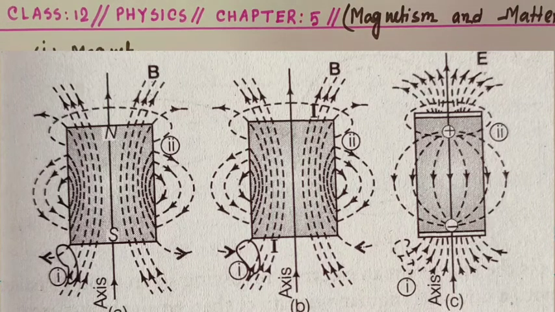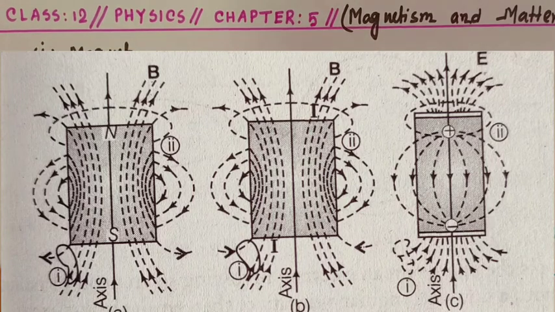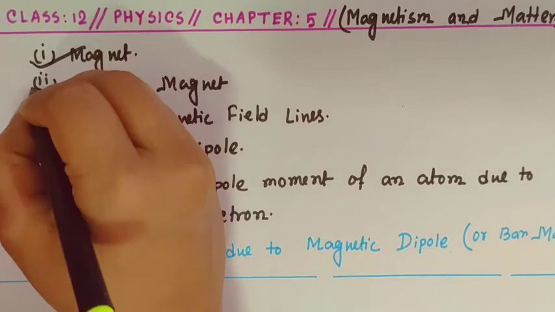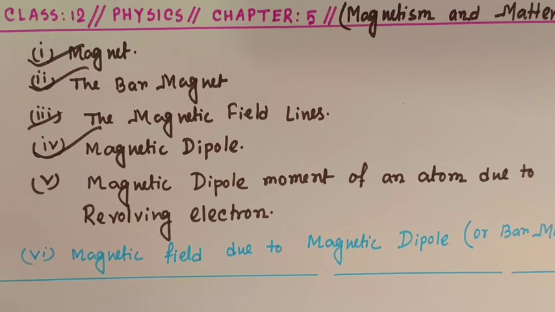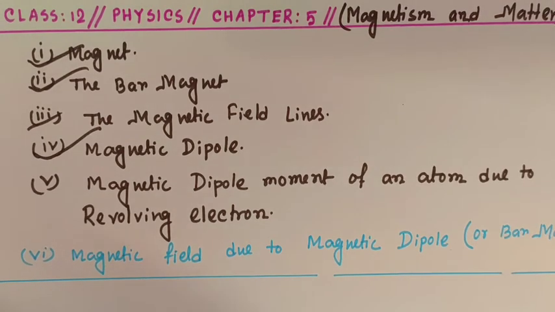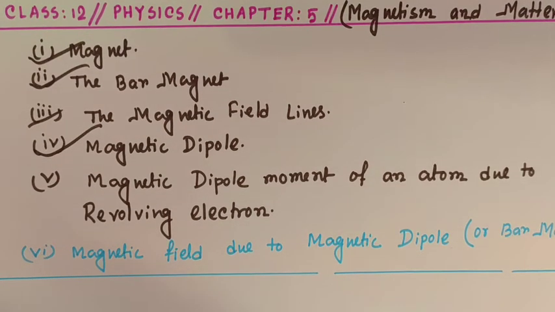Okay. Next is the magnetic dipole. A magnetic dipole is an arrangement of two magnetic poles of equal and opposite strength separated by a small distance.